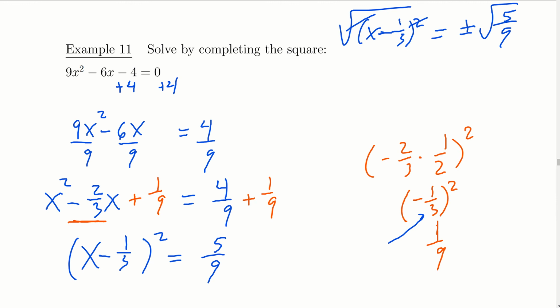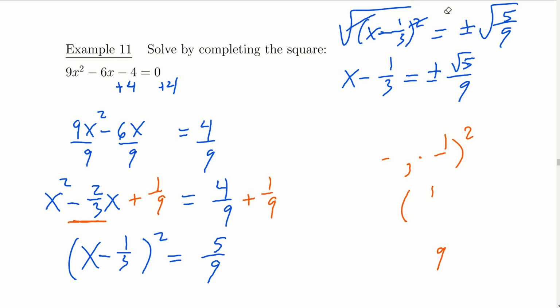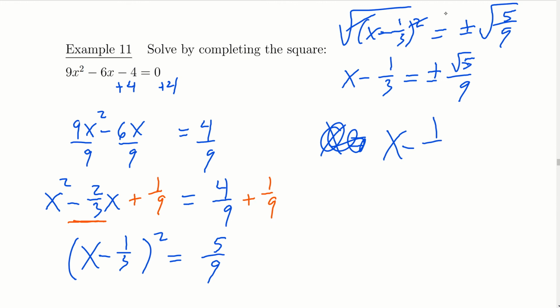The square root and the square cancel, so we get x minus 1/3 equals plus or minus, we can write it as the square root of 5 over the square root of 9. The square root of 9 from that denominator is 3. So we get x minus 1/3 equals plus or minus the square root of 5 over 3.